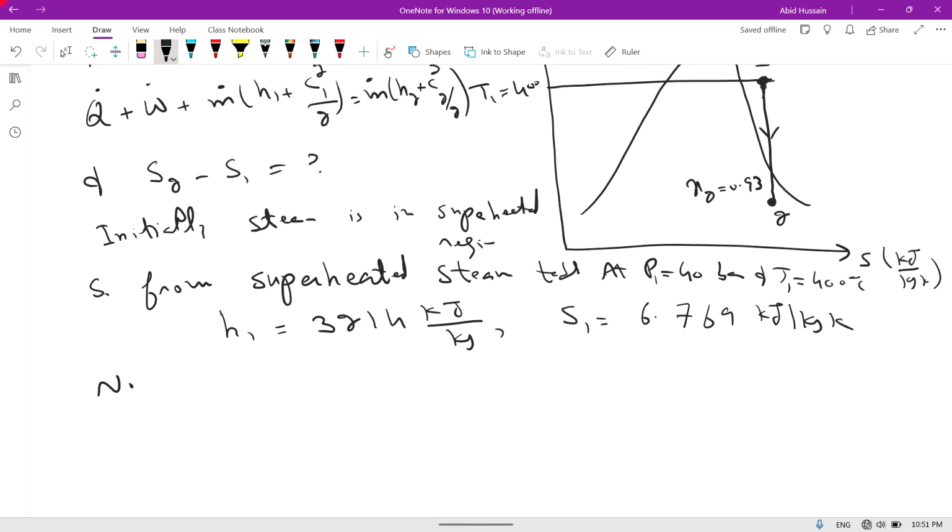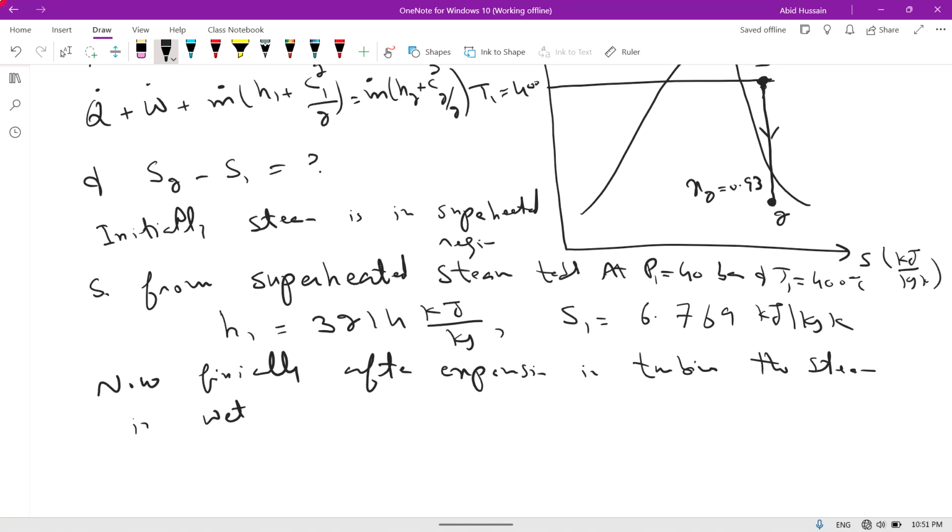Now finally, after expansion in the turbine, the steam is in the wet region, because x2 is given to us as 0.93 and dryness fraction is defined from 0 to 1 in the wet region.